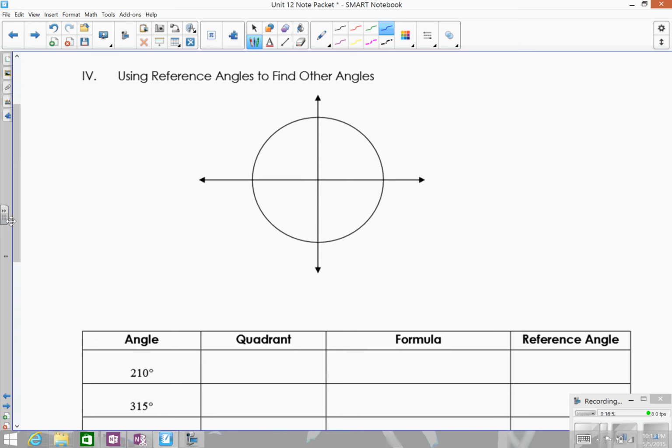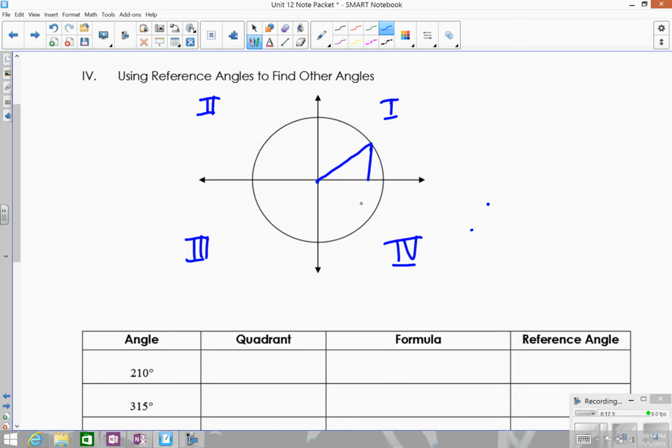So when we talk about reference angles, I think of it as the bow tie. Basically in the first quadrant here, if we label our quadrants 1, 2, 3, and 4, remember when you label quadrants, you label them in the C shape. The reference angles in quadrant 1 are going to come out anywhere off of this axis.